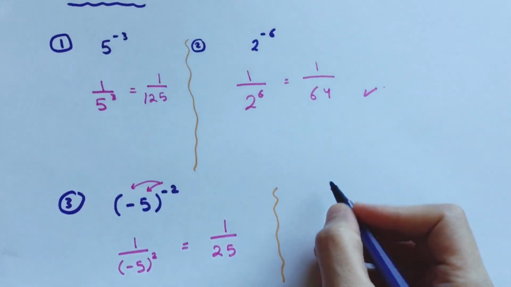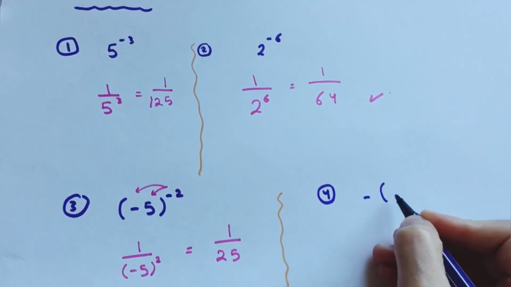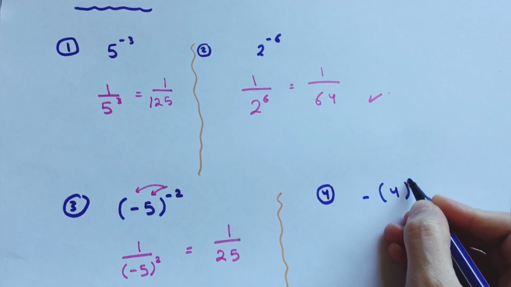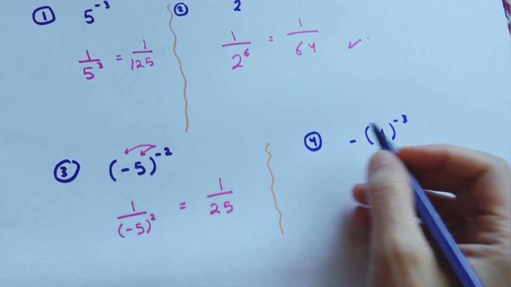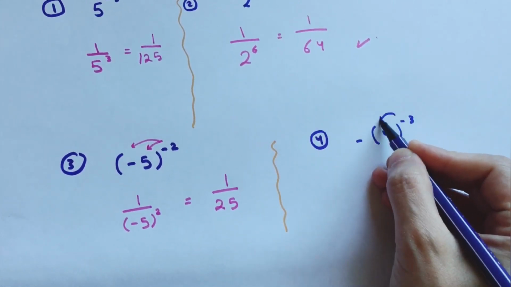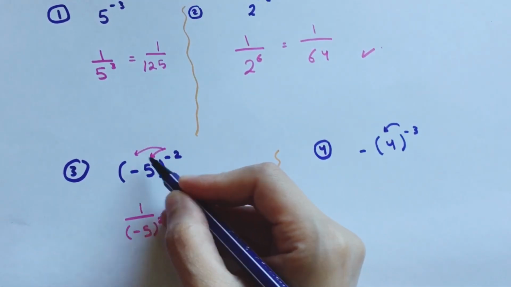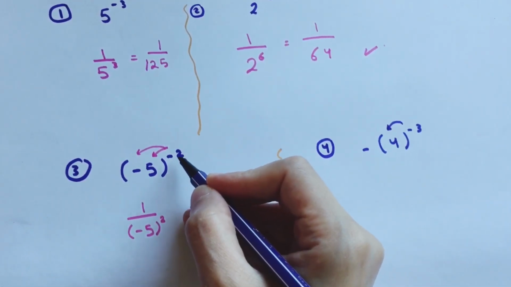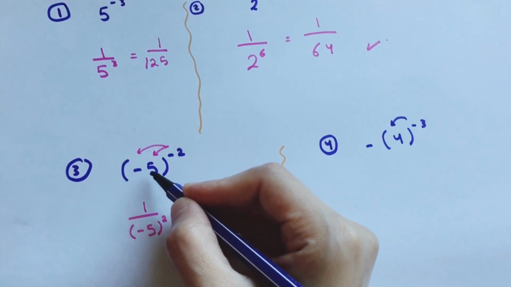which is number 4. Negative 4 to the power of negative 3. Here, what's the difference between this question and the previous question? In this question, the exponent is only for the 4, not for the negative. There I put a bracket and the exponent outside to show you that the negative 2 is for the negative and for the 5.